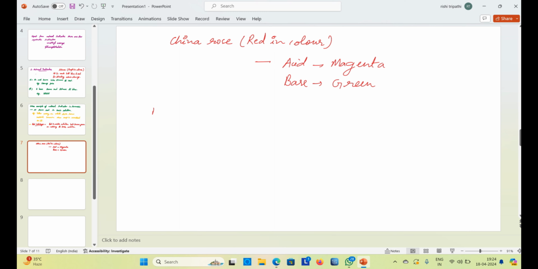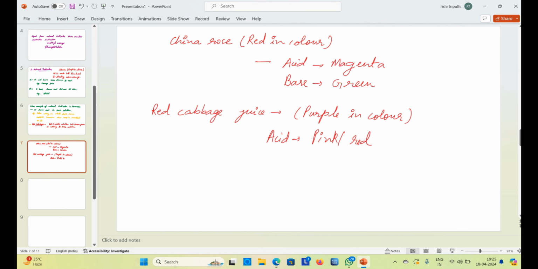And red cabbage juice, which is purple in color, in acid it will turn to pink or red, and in the bases it will turn to green or yellow.